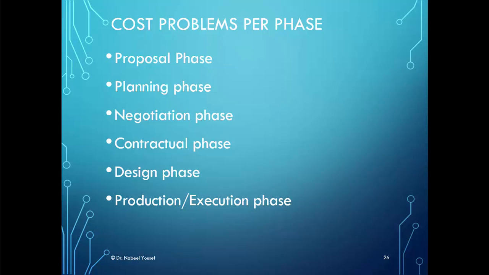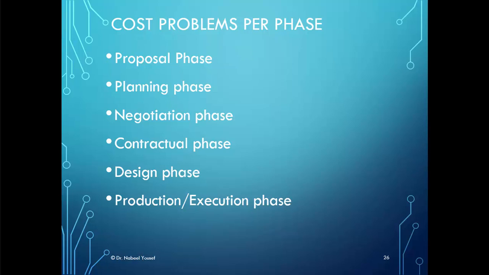In the design phase, we could have problems such as accepting customer requests without management approval, and that's not recommended. Problems in customer communications channels and data items, problems in design review meetings.